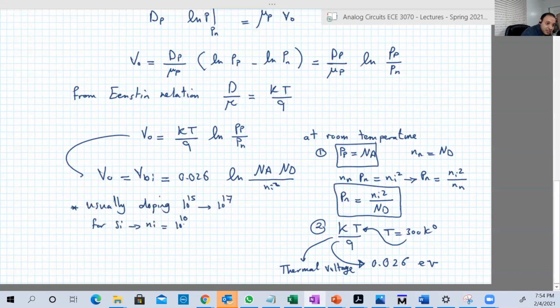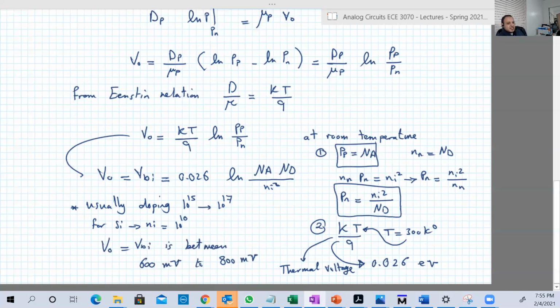Practically, doping is between 10 to the power of 15 and 10 to the power of 17, and ni is 10 to the power of 10 for silicon. V naught or VBI is between 600 millivolt to 800 millivolt.